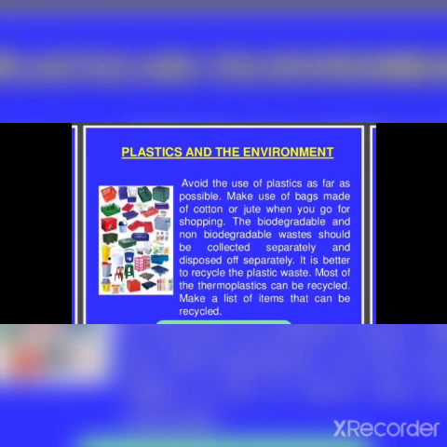Collect the biodegradable as well as non-biodegradable waste separately and dispose of them separately. Always try to recycle the plastic waste, as most of the thermoplastics can be recycled, such as ballpoint pens, combs, plastic toys.